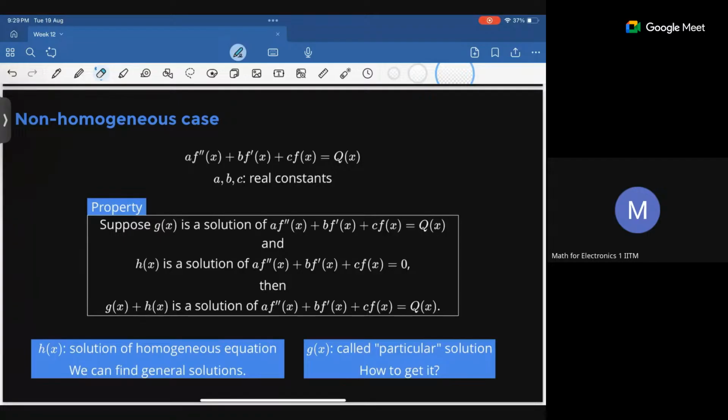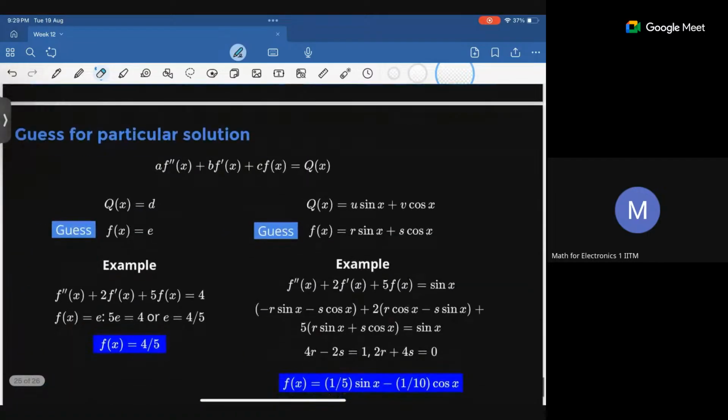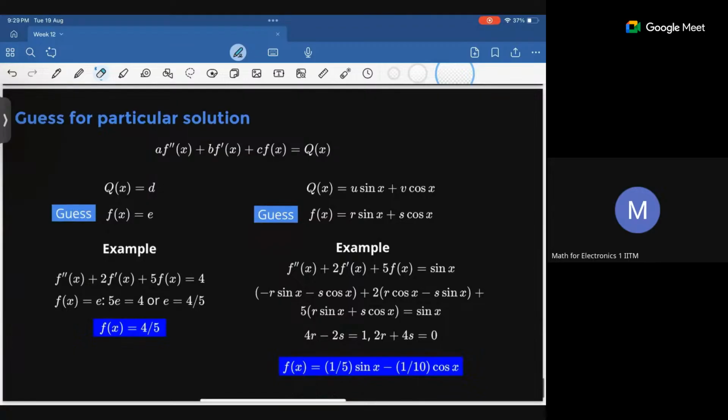Okay, so there are no standard methods, but for the particular solution, all we can do is guess. So if q of x is just a constant, our guess is that the solution is a constant value. If q of x is a linear combination of sinusoids, u sin x plus v cos x, then our solution that we are going to guess will also be a linear combination of sin x and cos x. Right, so that is how we guess.